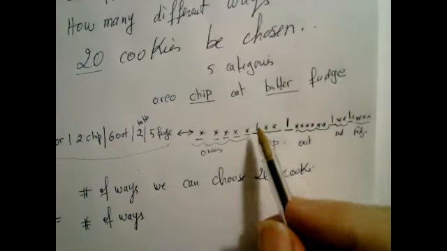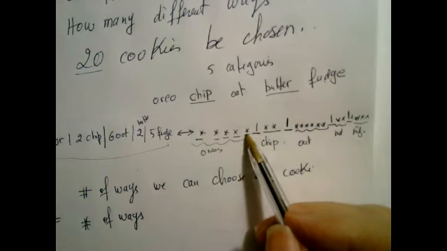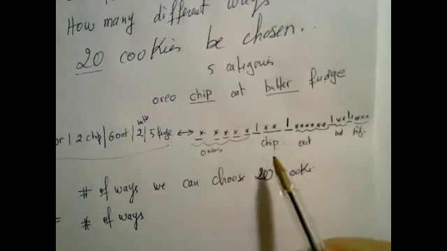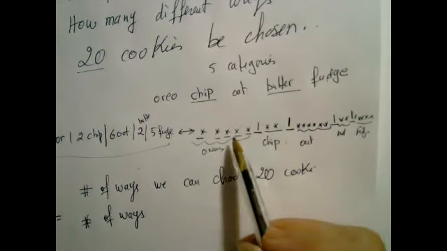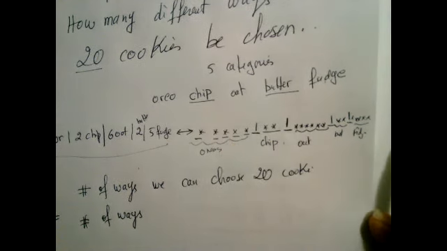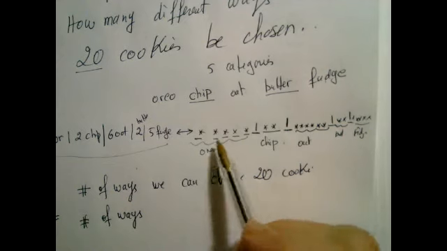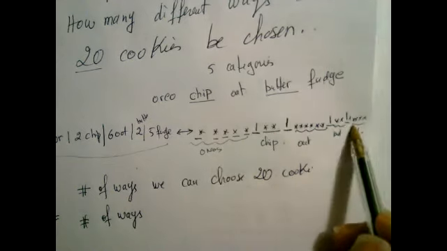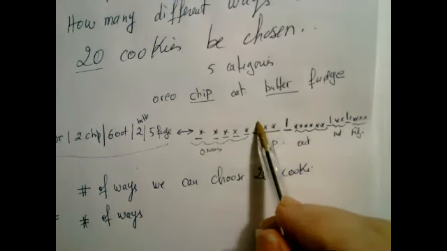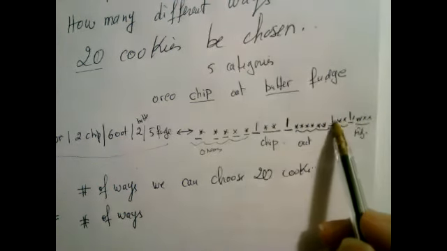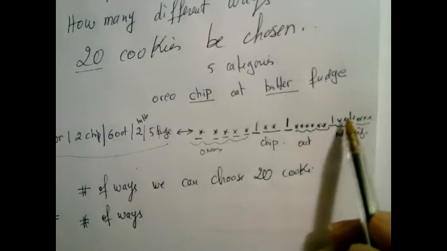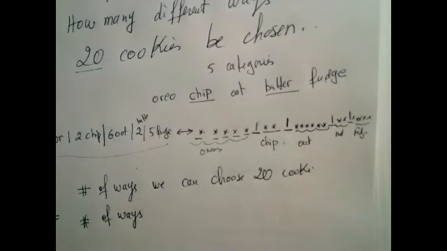Binary means it has only 2 symbols, stars and bars. And what's the length of my binary string? 20 for the cookies, and then the bars for the separators. So my string is of length 24.